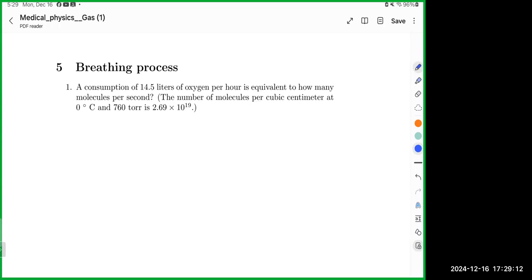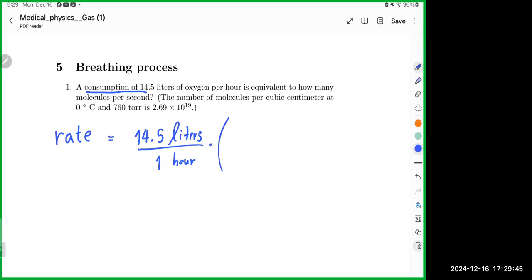Okay, for example, the rate right here is 14.5 liters per hour, right? You would like to change into the units that we are used to. For example, we don't use liters in SI units, right?